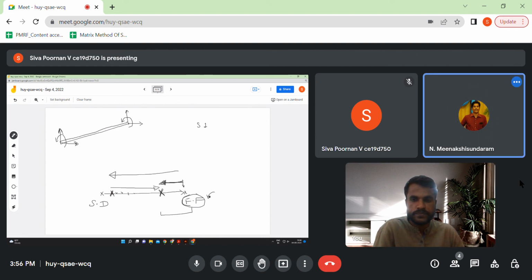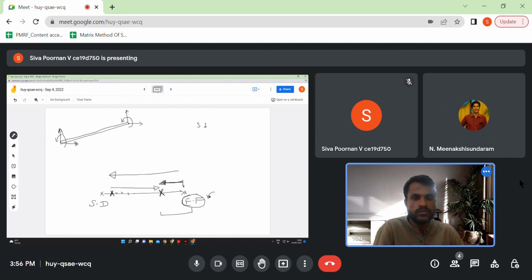Yeah, thank you. But actually, there is a way to solve it. You can split it into different elements, and then if you give it to a computer, it will solve it anyway. If you want to know the fixed end moments for a load like this, then you don't need to treat it as one element. If you treat it as one single beam and try to solve it, then it might not be directly possible.